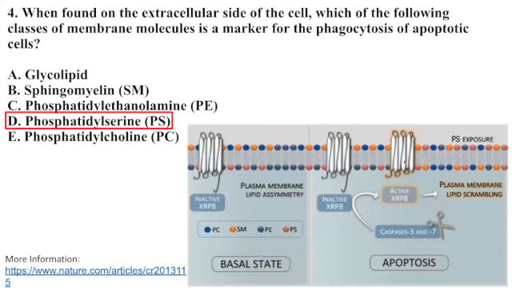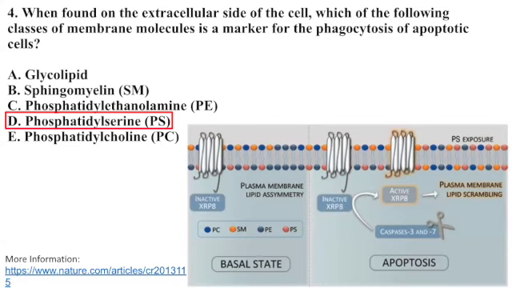When found on the extracellular side of the cell, which of the following classes of membrane molecules is a marker for the phagocytosis of apoptotic cells? If you remember that phosphatidylserine, so I don't butcher it, I'll say it slow, is a common phospholipid found in the bilayer. And so it's usually held facing the cytosolic side of the plasma membrane by an enzyme called flippase.